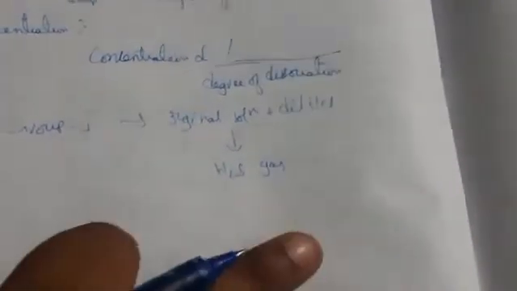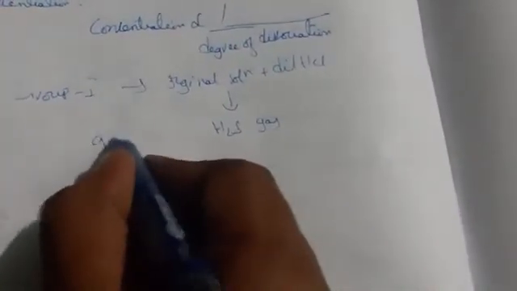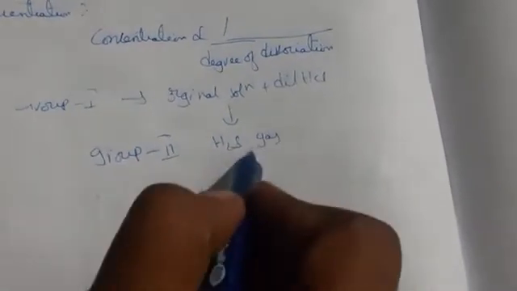See here what I am saying. So for group 2 cations, we are passing H2S gas to the above solution. Then if any precipitate comes, we say that group 2 cations are present. So if you see here, there is a common ion in this.